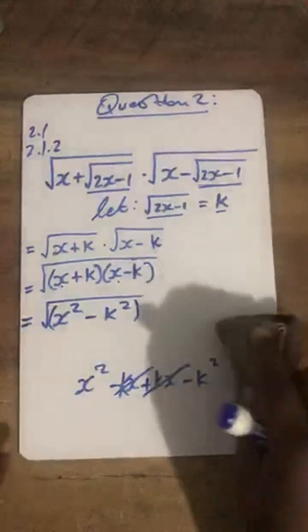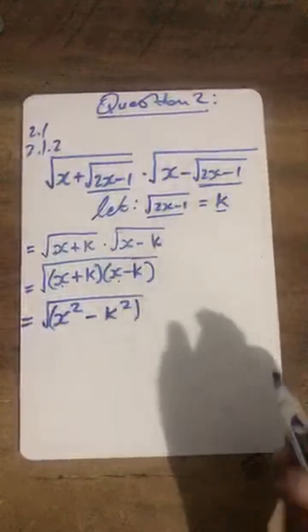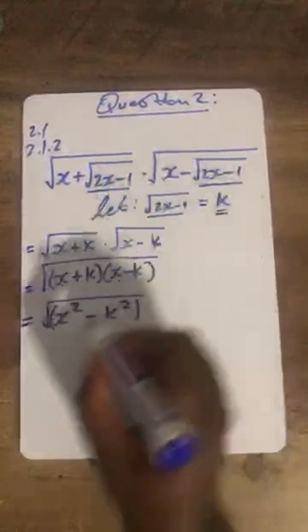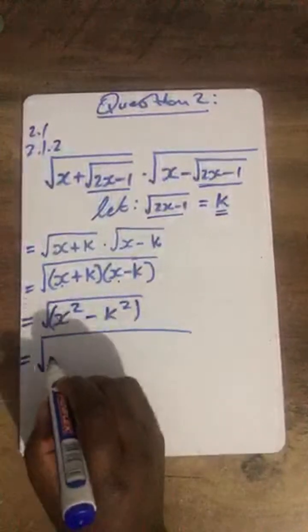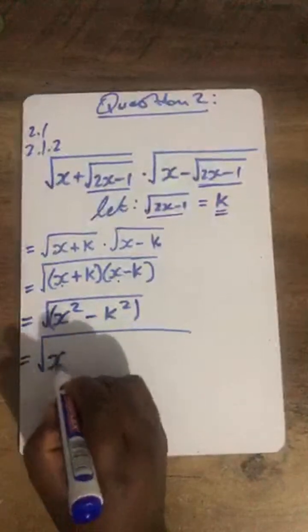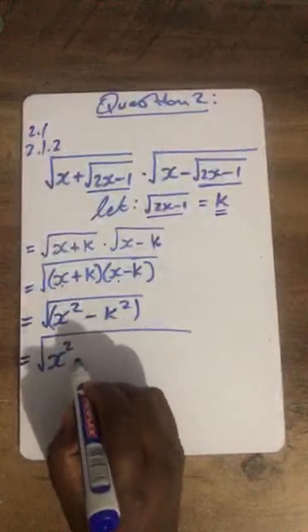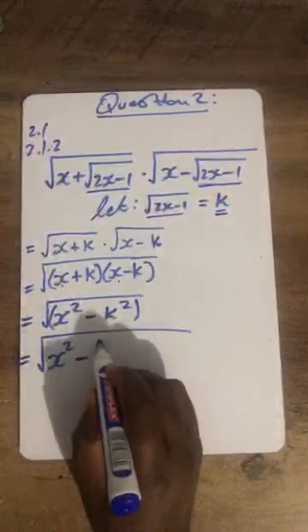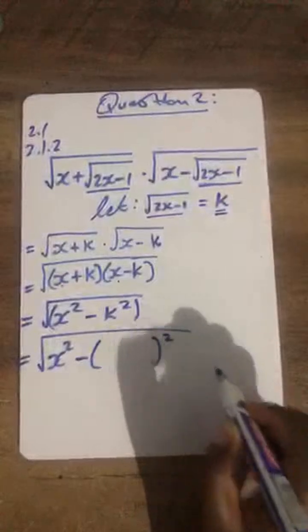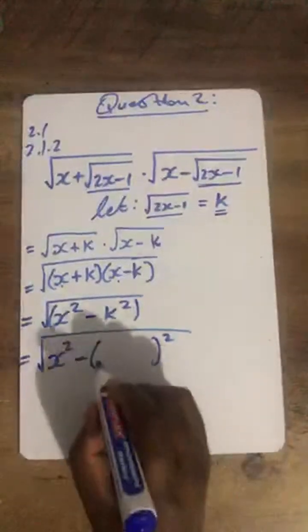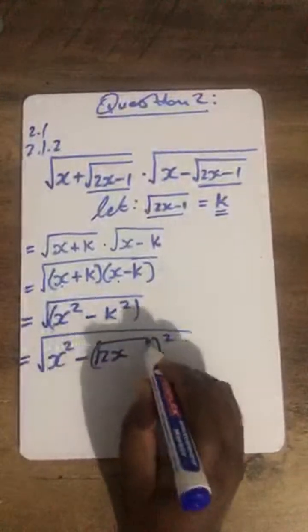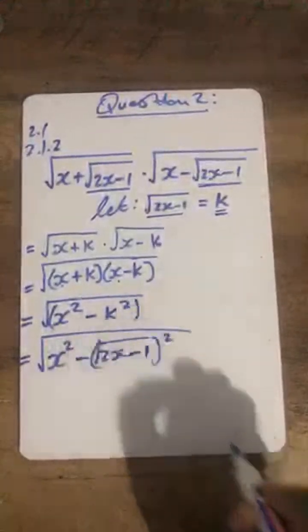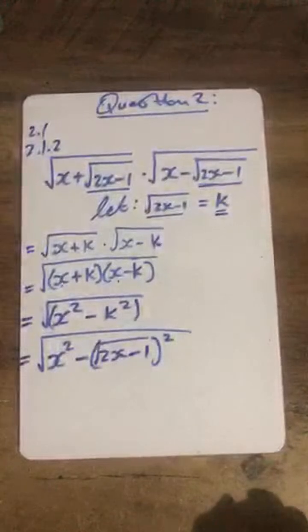So now, remember we're solving for x. Let's now try to substitute our k there. We have that x squared there minus, how about we substitute our k? Remember our k is square root of 2x minus 1.